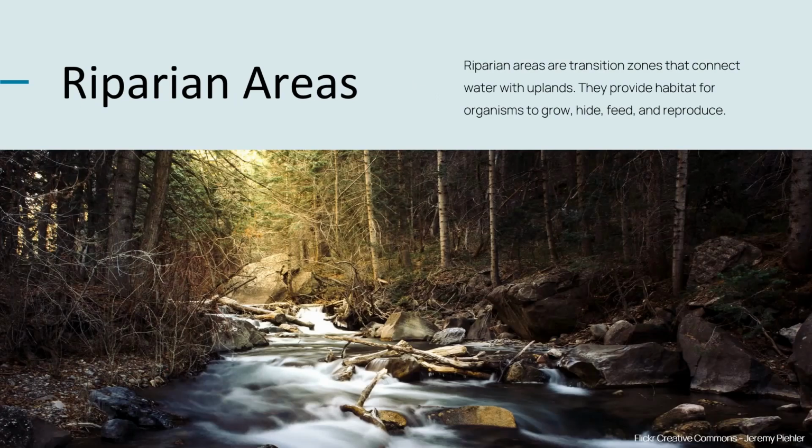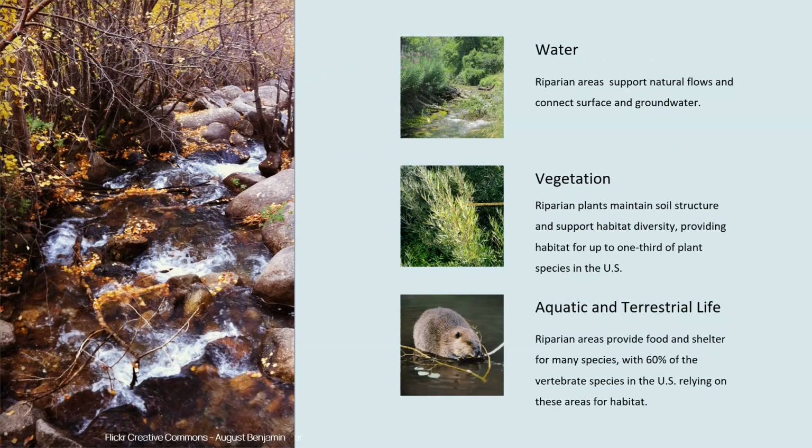They are the transition zones between water and the upland areas. They provide habitat for organisms to grow, hide, feed, and reproduce. So they're super important for life at all levels, from vegetation and insects all the way up to mammals. So there are three main components to a riparian area.